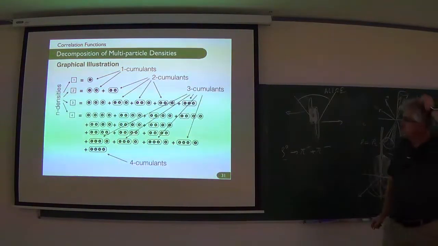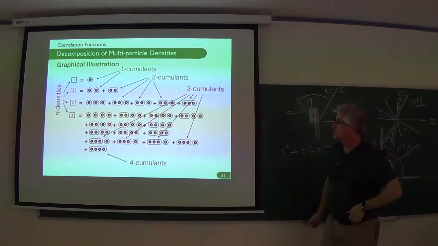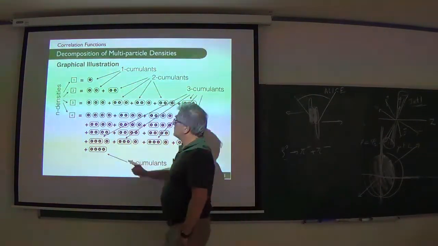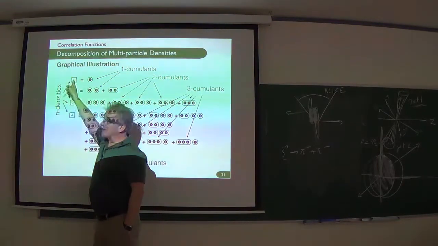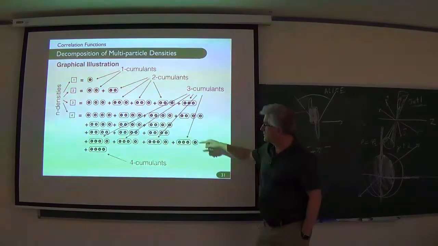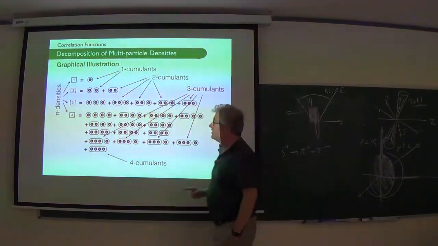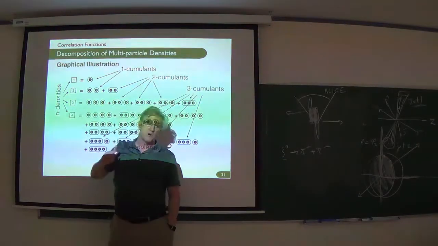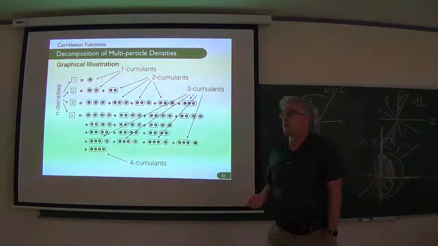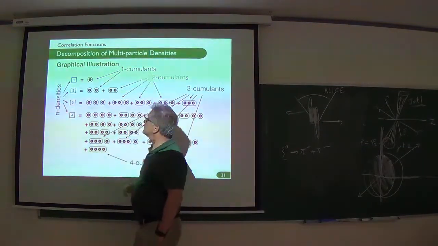One easy way to visualize this is to use this graphical notation. So this corresponds to densities on the left side, and on the right hand side of the equality I have cumulants. Obviously if I look at only one particle, I can't tell whether this particle is correlated to another, so that becomes a trivial C1 cumulant.